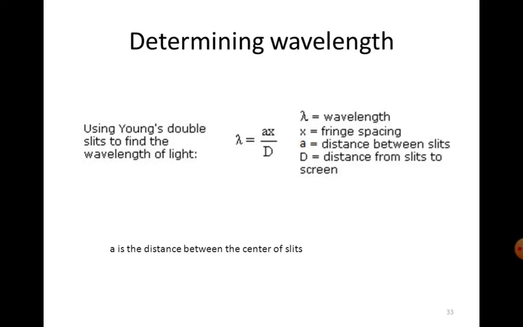So for Young's double slit experiment we use this formula. Lambda is the wavelength, x is the fringe spacing, the spacing between the fringes, a is the distance between the slits, remember where the light goes through, and D is the distance from the slits to the screen.